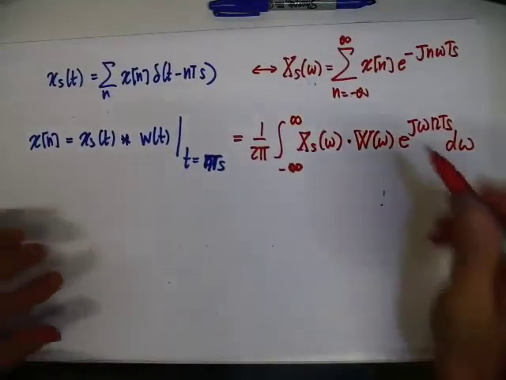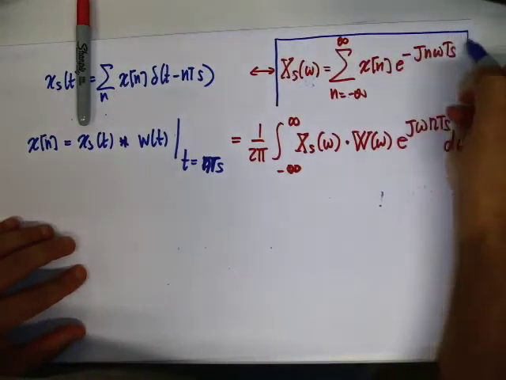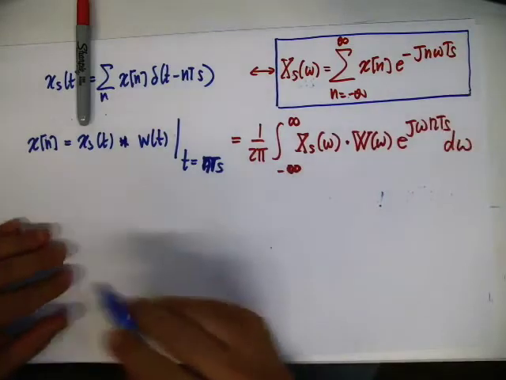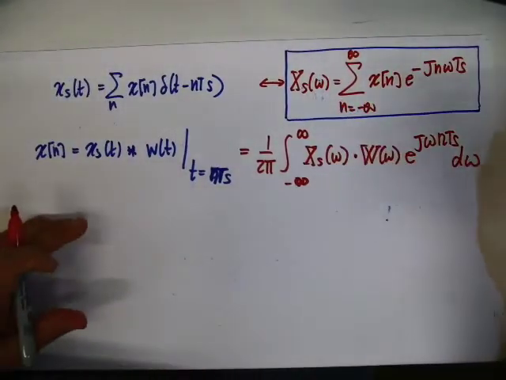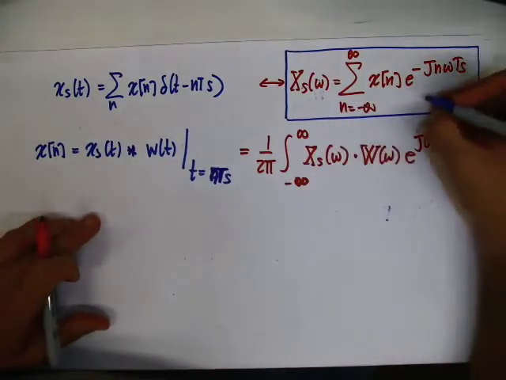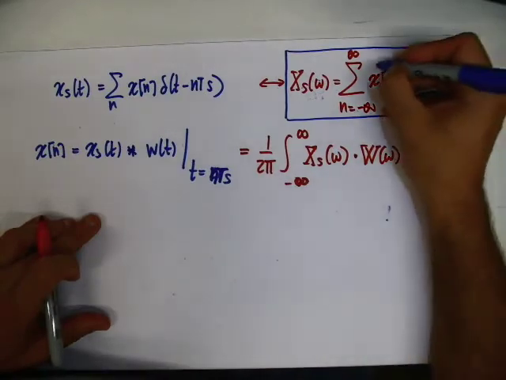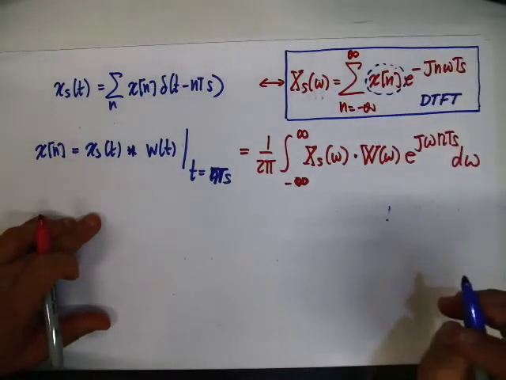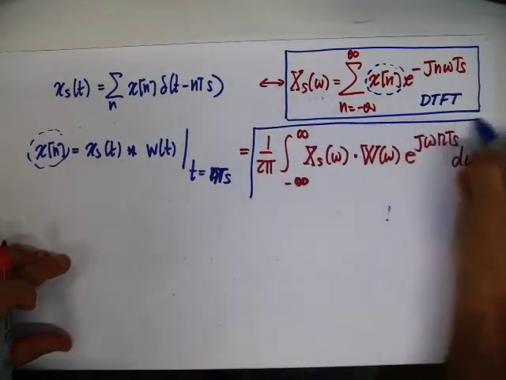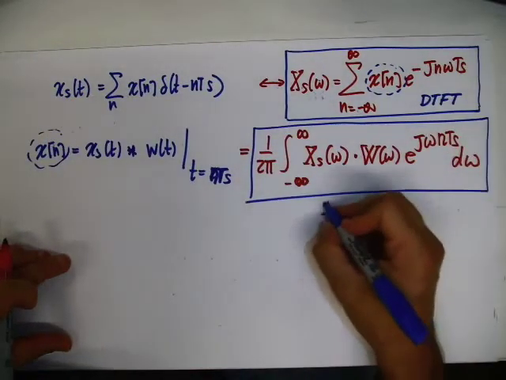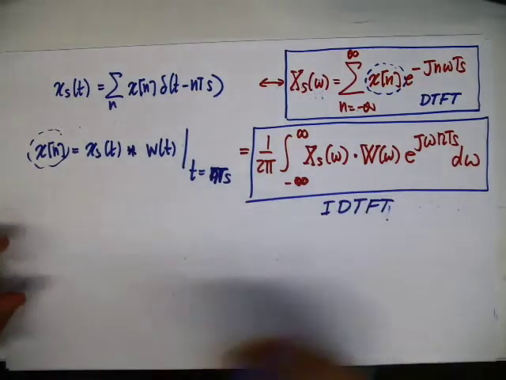So here now I have the discrete time Fourier transform of x[n], and here we have the inverse discrete time Fourier transform.